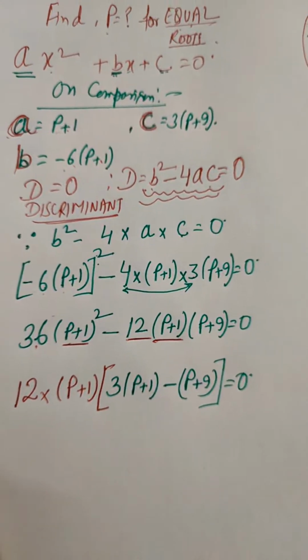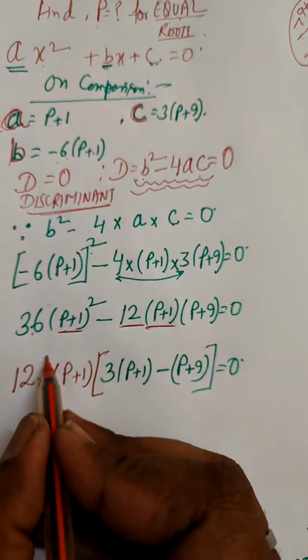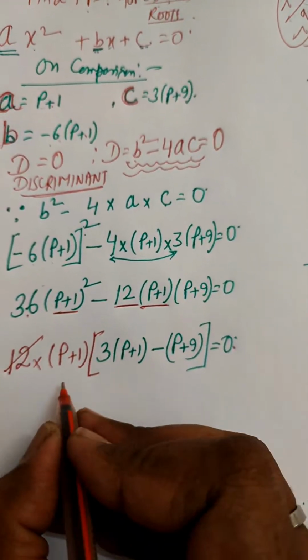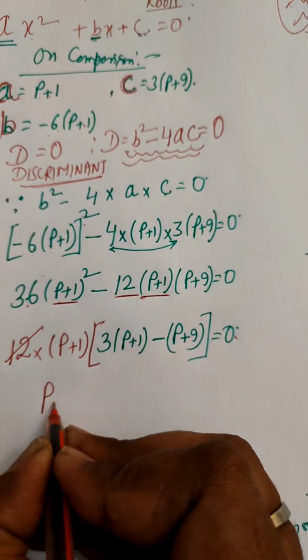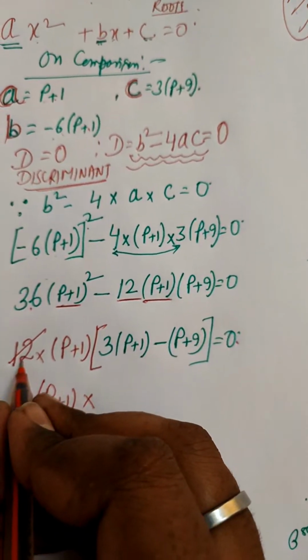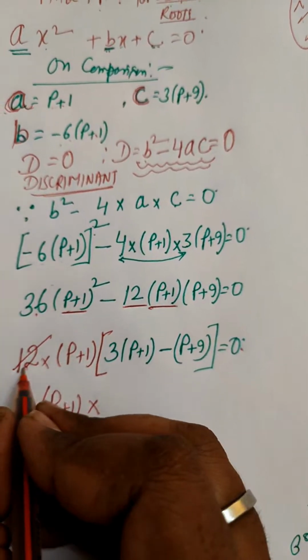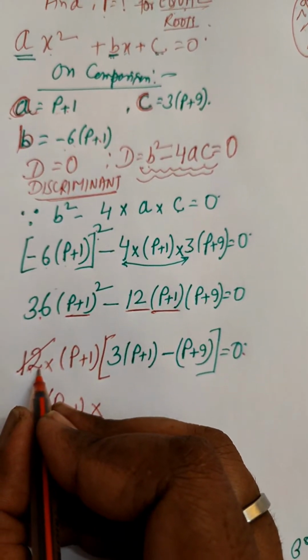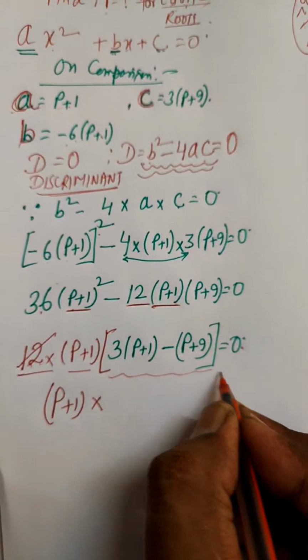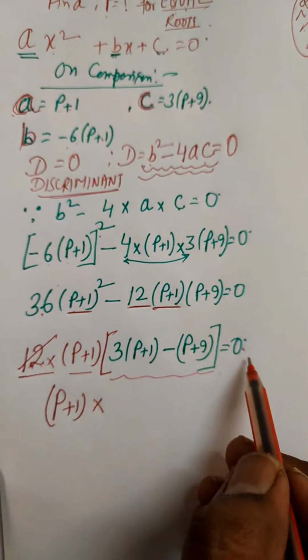Now this 12 goes to the denominator and nothing is left, and we are left with p plus 1, so this 12 can be ignored, right? And this is not giving any value of p, and this is multiplied with all these terms, so this can be taken away.